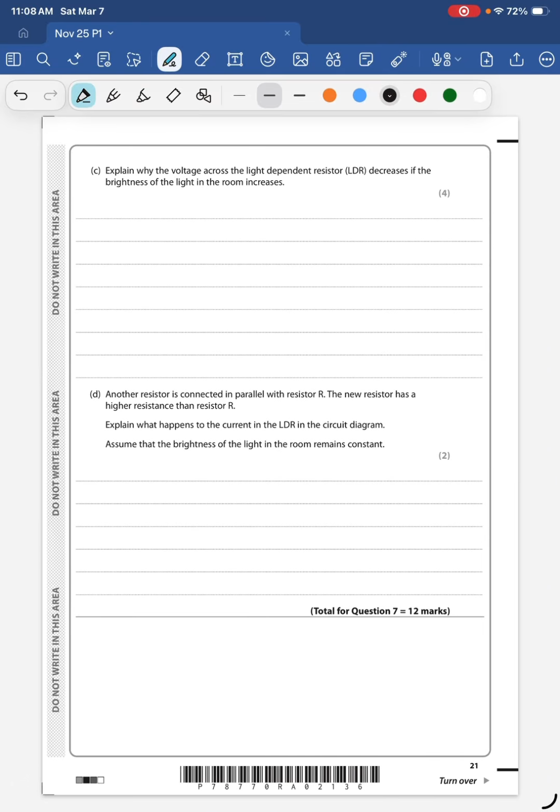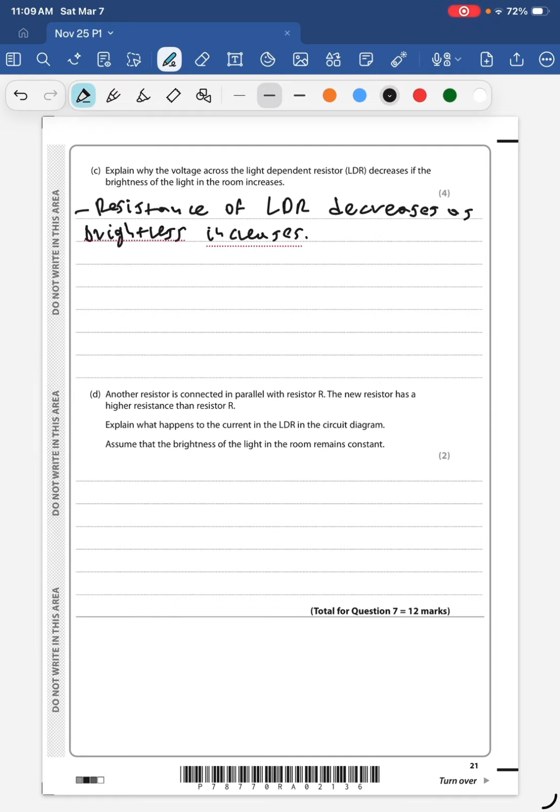C, explain why the voltage across the light dependent resistor decreases if the brightness of the light in the room increases. So the resistance of the LDR decreases as brightness increases. And the reason is because you have more charge carriers in your LDR, so there is less resistance because the current can easily pass.